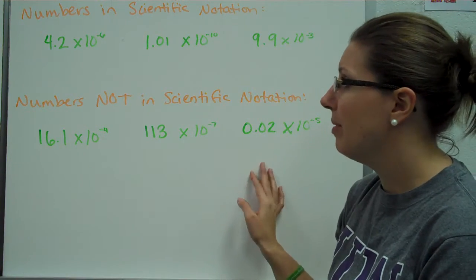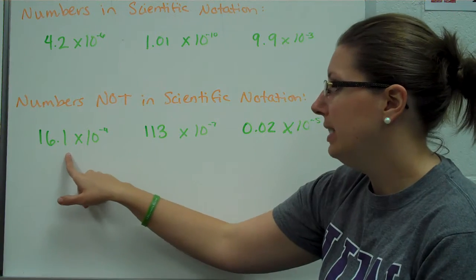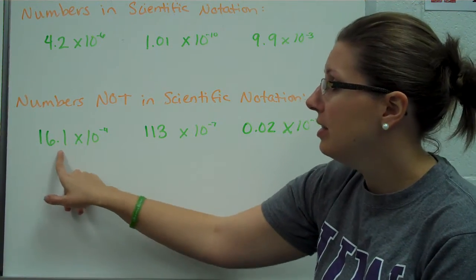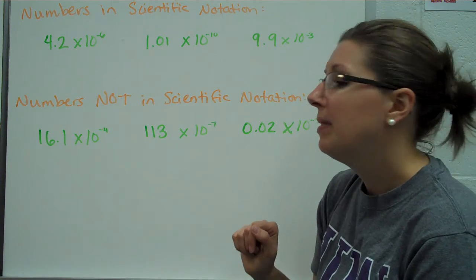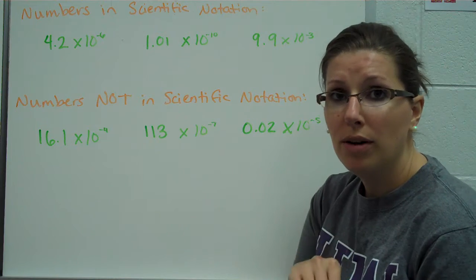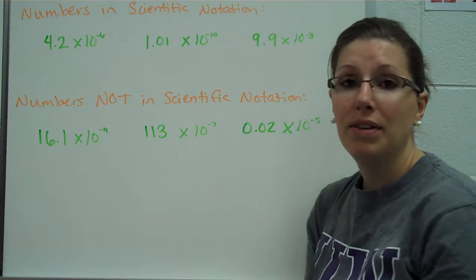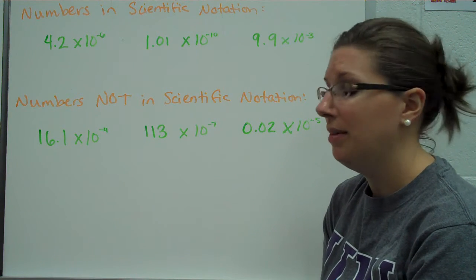Here are some examples of numbers not already in scientific notation. 16.1 times 10 to the negative 4th power. So you see how this number here is larger than 10? That doesn't work for us. In a few more videos, I'll show you how to take a number that's not in scientific notation and change it so that it is in scientific notation.